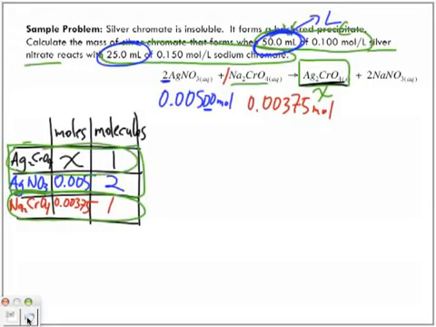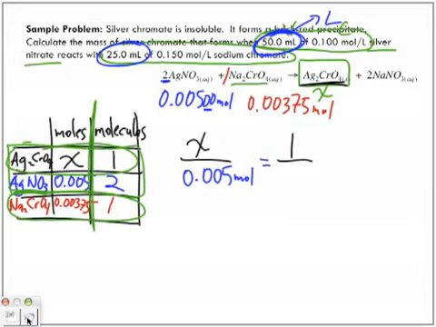Just as we said, separating both sides, we've got X over 0.005 moles equals 1 over 2. In blue we have the silver nitrate information.